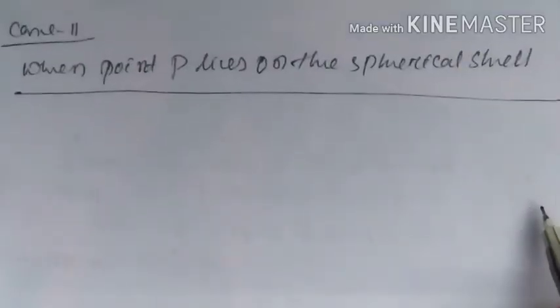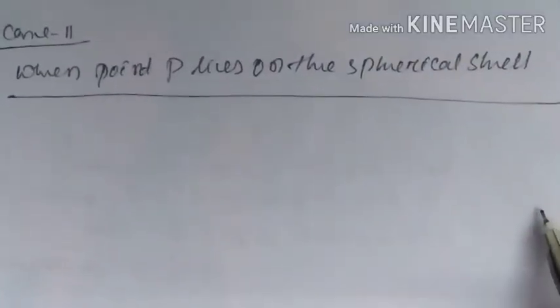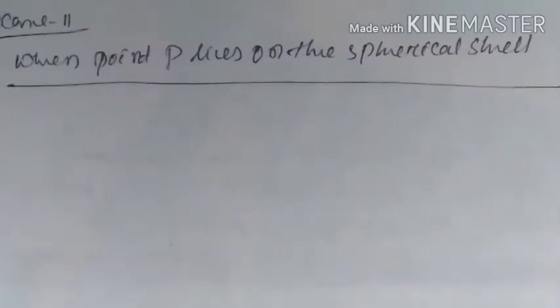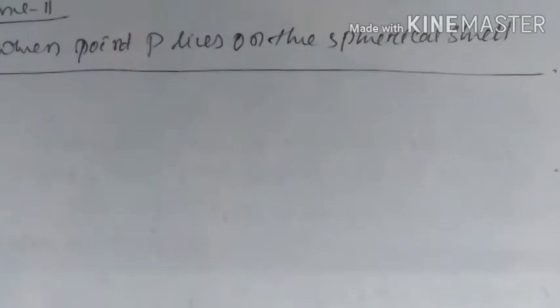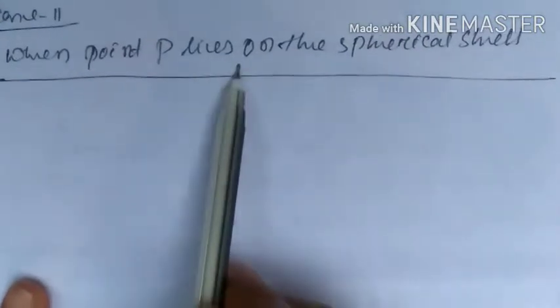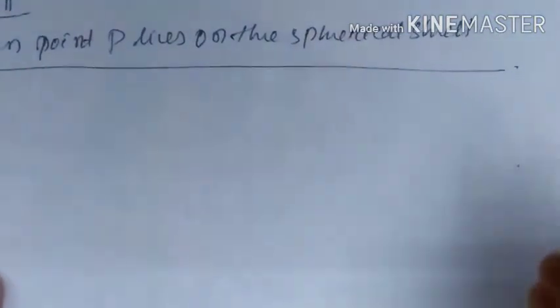In case 1 of the spherical cell, we found the electric field when point P lies outside the spherical cell. Now in this case, we will calculate the electric field when point P lies on the spherical cell.